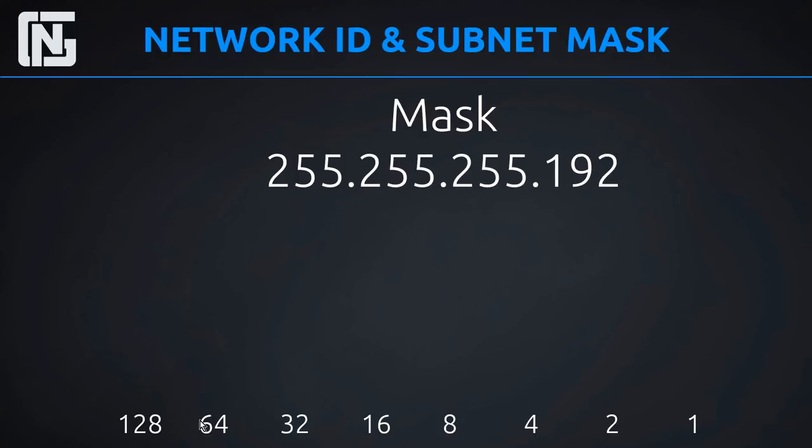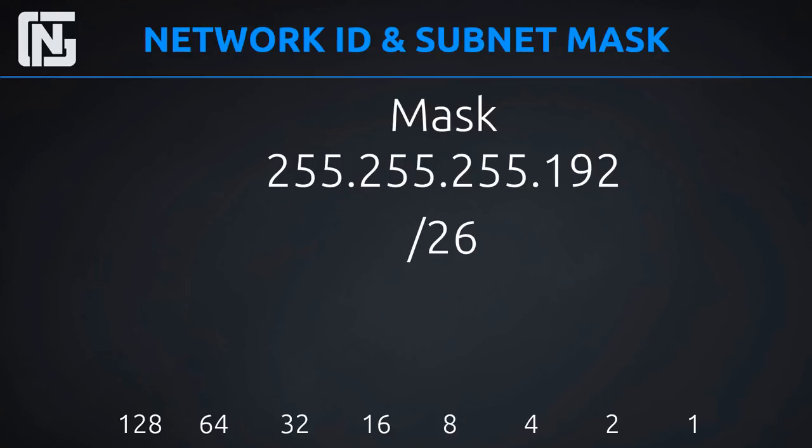If it was 128 plus 64 plus 32, it would be 224 in our mask at the last octet. If it was the first 4 bits turned on, it would be 240, right? And then 248, and then 252, and then 254, and then 255. Okay, so currently we have 192 in our 4th octet, and we know that it's a /26 because these 2 bits here are turned on as well in our mask.